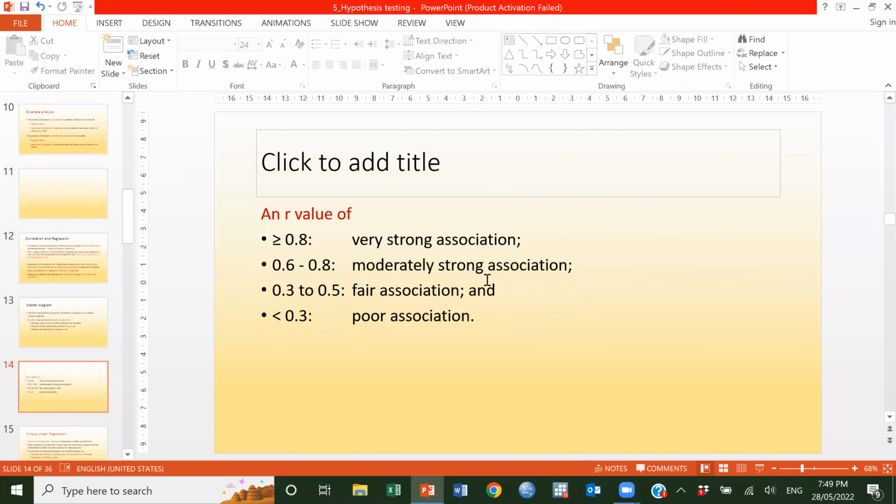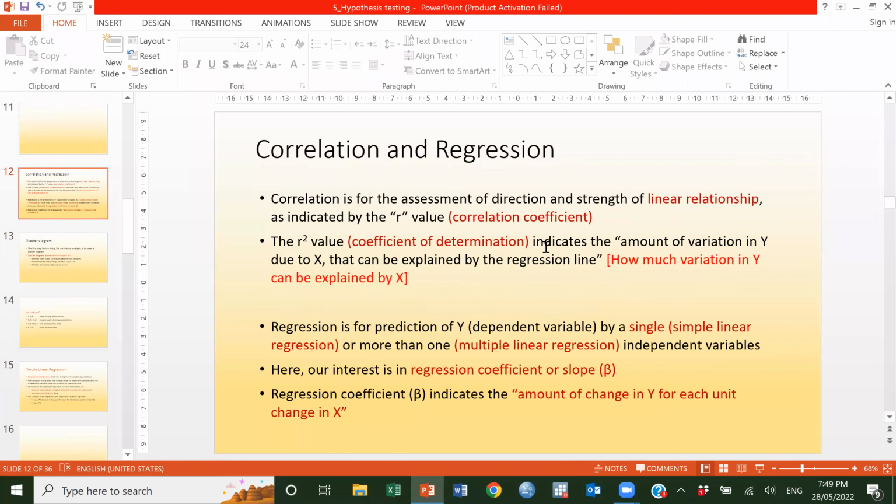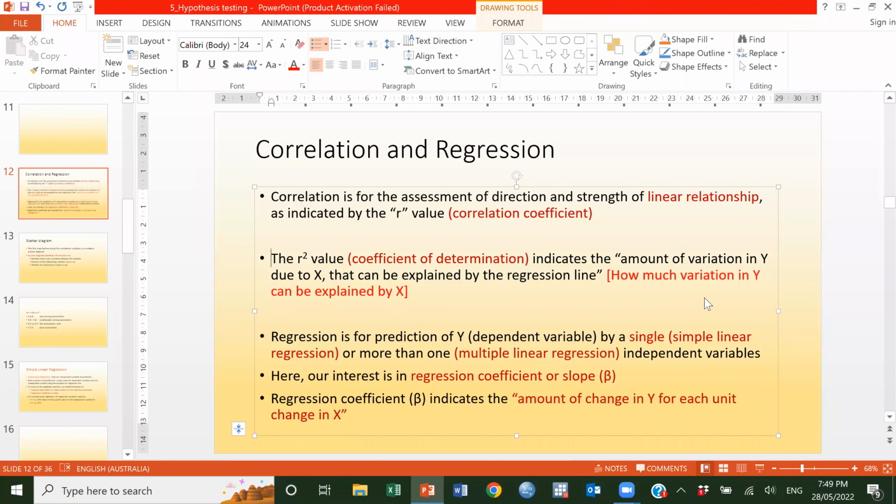Let's see whether it is written somewhere or not. Okay, fine. The R value ranges from 0 to 1. Okay, so this value can be negative as well.